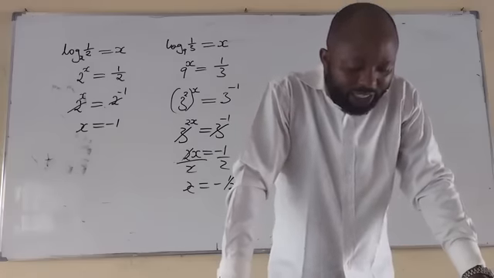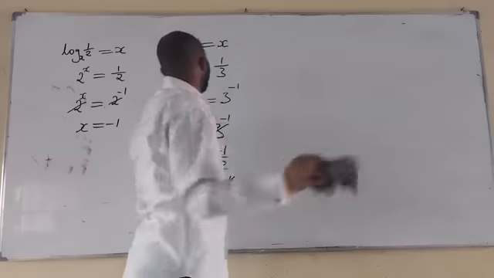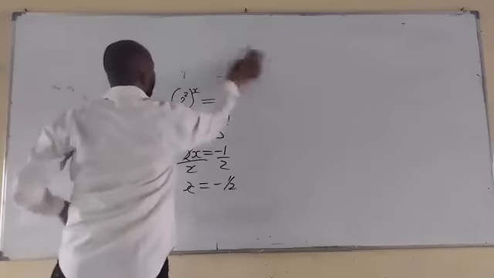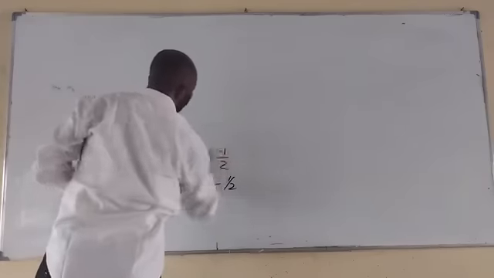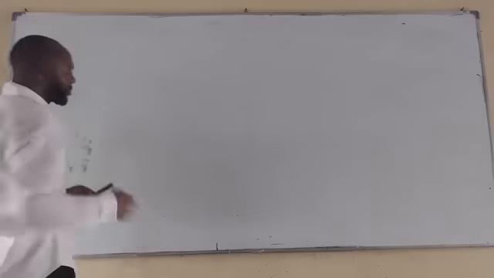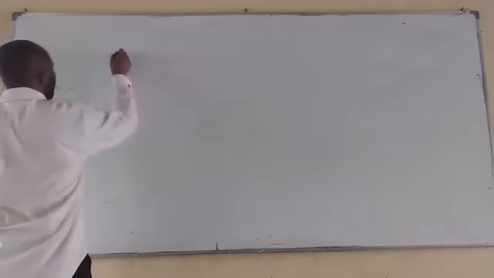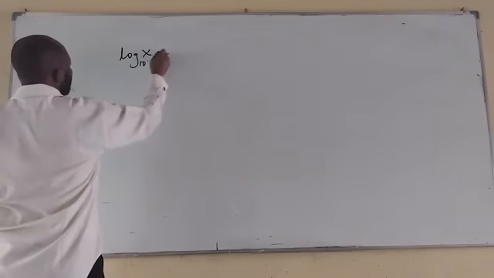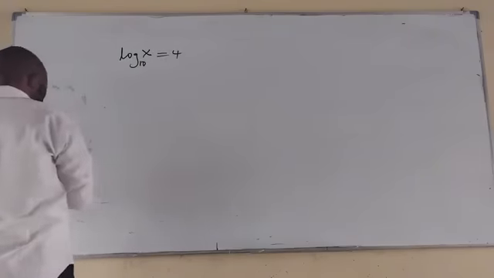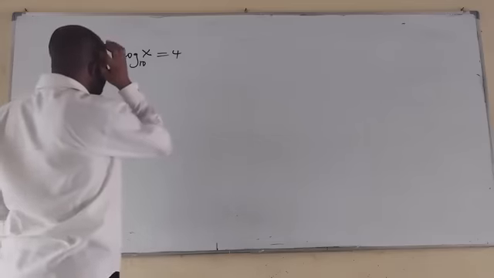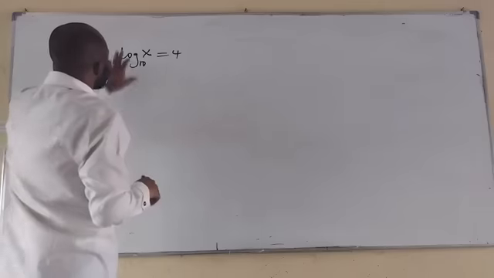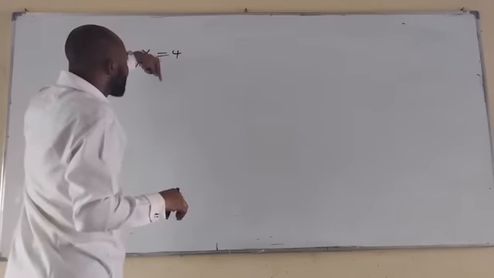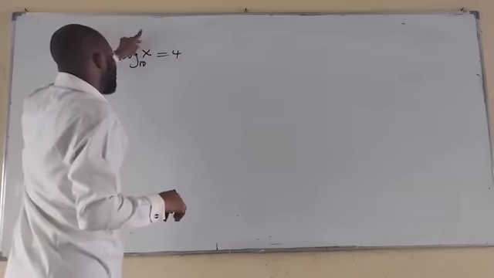Log x in base 10 is equal to 4. This tells you that the number of times 10 has to be raised in order for us to get x is 4.